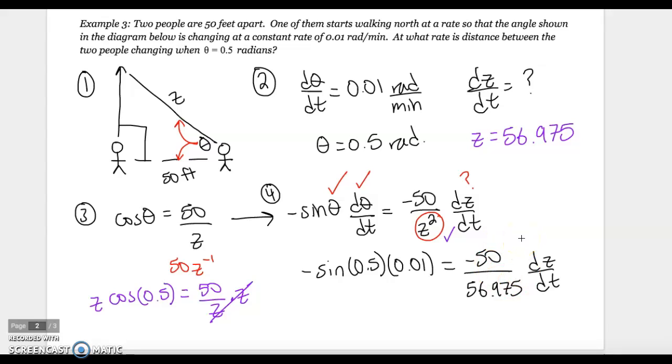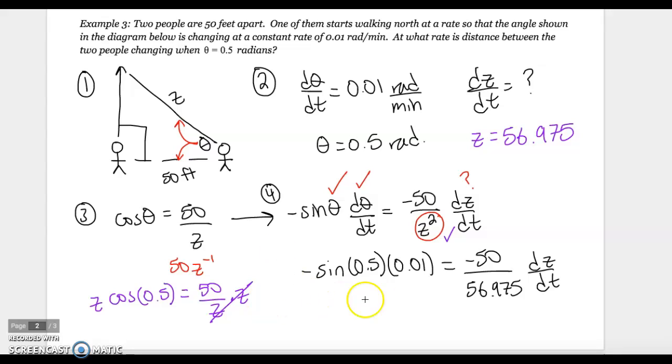So negative sine of 0.5, close those parentheses, times 0.01, and then press enter, that divided by, parentheses, negative 50 divided by 56.975, end parentheses.